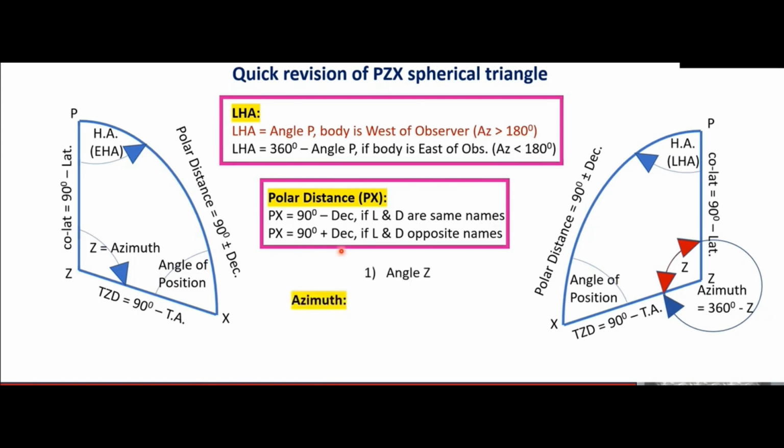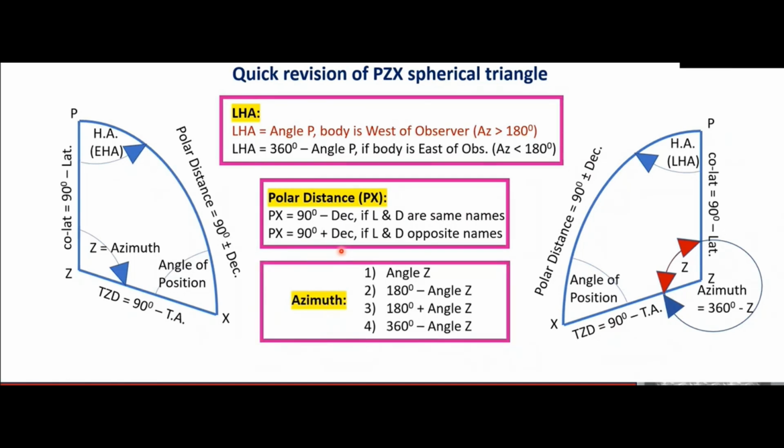And lastly, let us see how azimuth gets linked to angle Z. We could have these four options. Azimuth may be equal to angle Z as in diagram to the left. Azimuth may be 360 degrees minus angle Z as in the diagram to the right.